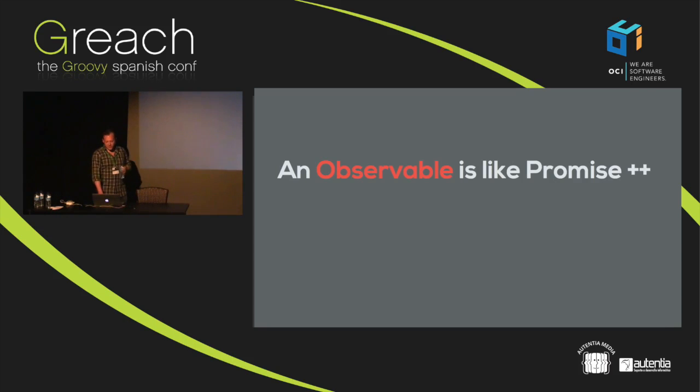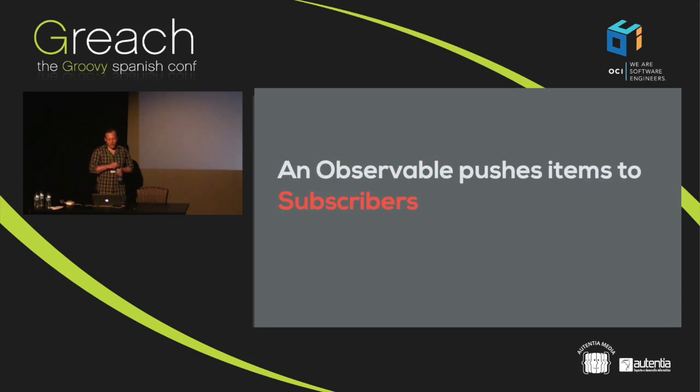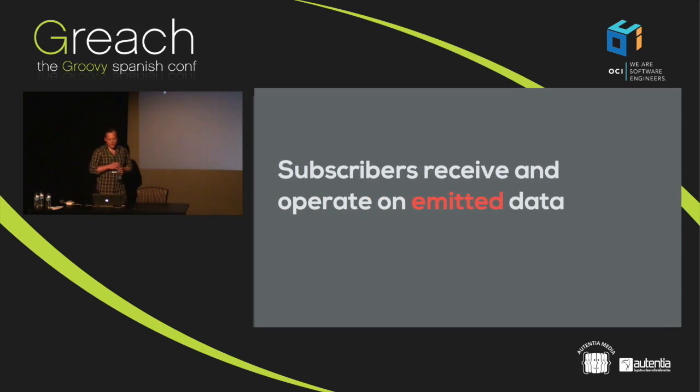That's why it's plus plus. An observable pushes items down the stream to its subscribers. That's the push versus pull mechanism. Subscribers receive and operate on the emitted data that they receive. In fact, this is part of the reason why we call it reactive. The subscriber is essentially waiting, and it reacts anytime data is passed to it.